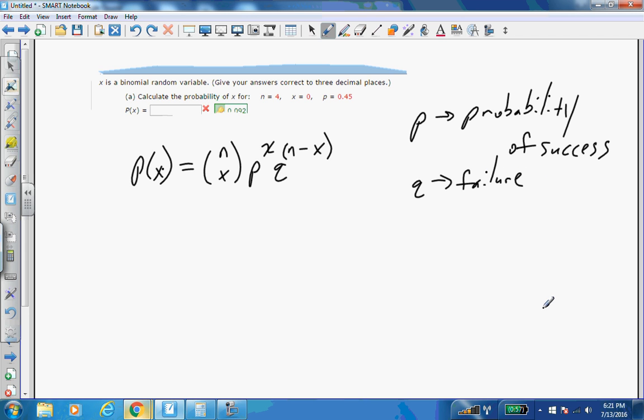So when we say probability of success, we mean the probability of x occurring, whatever x stands for.